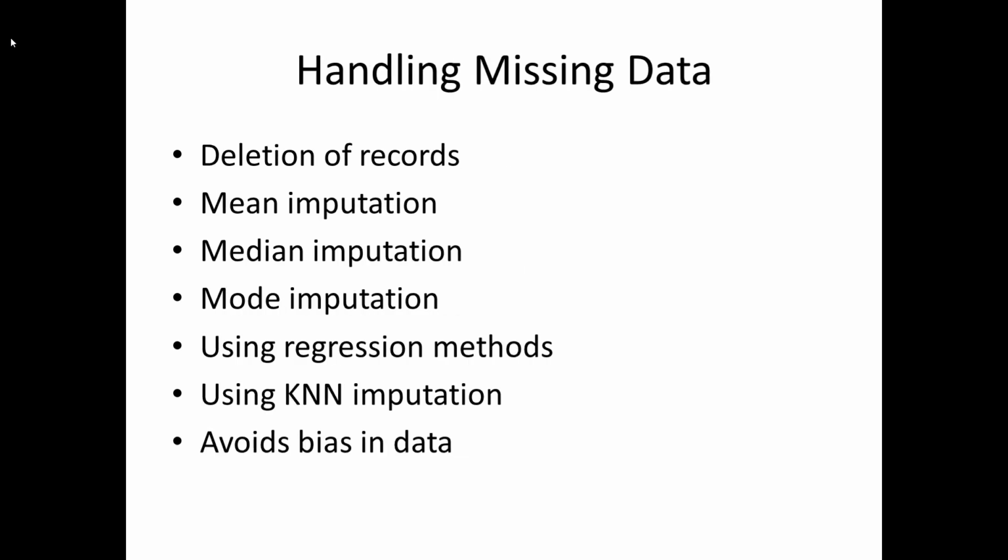How to handle missing data? Deletion of the records. A record is a group of column names. If there is repetition of the data, you have to remove the repetition.